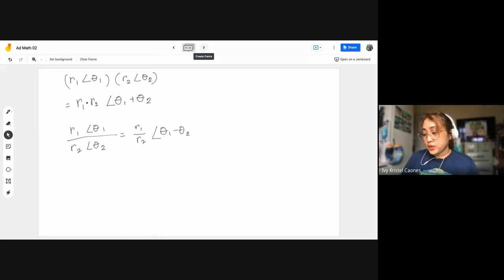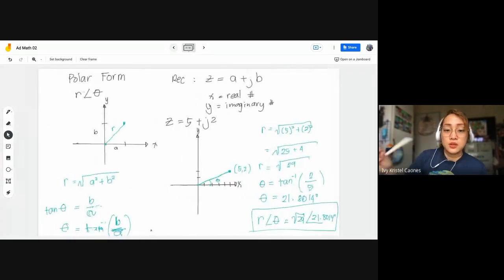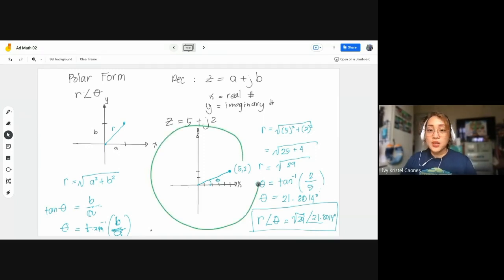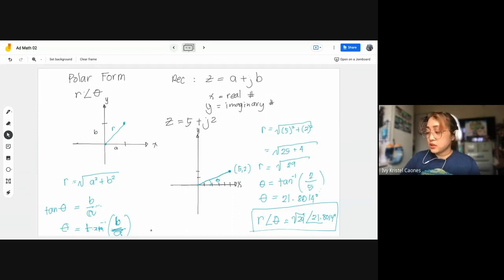Okay? Then, we also have trigonometric form. Okay, we go back here, in the polar form using the x and y plane. You have to remember that if any of this, the real or the imaginary, becomes negative, you have to locate it properly in the x and y form to properly get the value of your theta on your r bar angle theta.